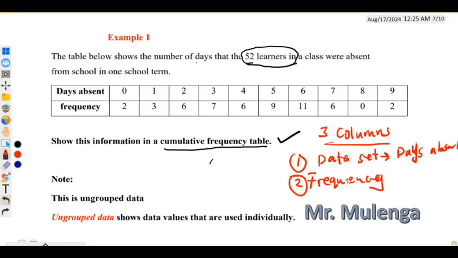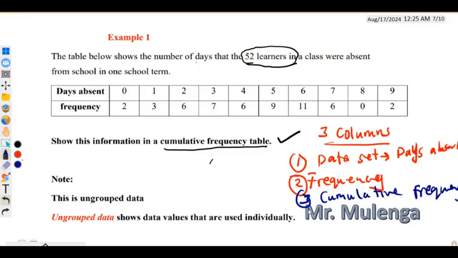For the frequency, you use the same numbers that you have, and under the days absent, you also use the numbers that you have. Then the third column should consist of cumulative frequency.